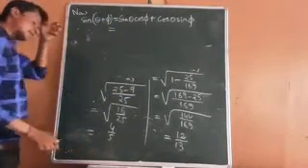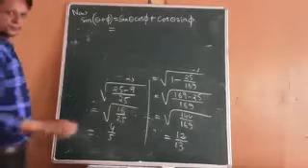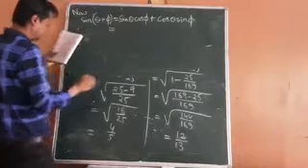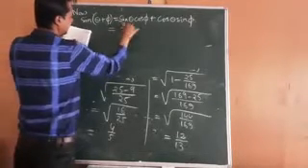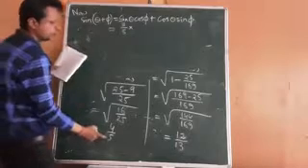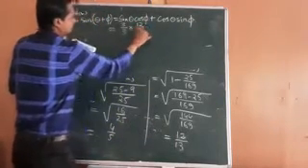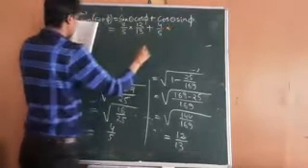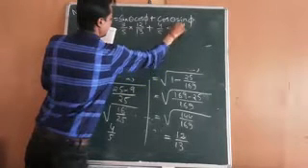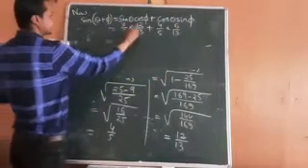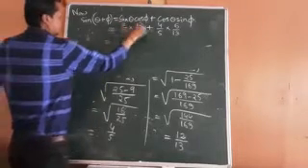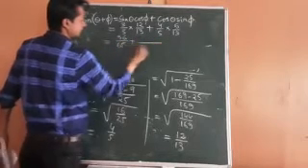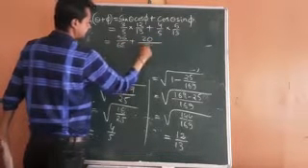So what is the value of sin theta? 3 by 5 into cos phi. What do we know cos phi? 12 by 13, plus cos theta is 4 by 5 into sin phi, 5 by 13. 3 into 12 is 36 by 5 into 13, 65, plus 4 into 5 is 20, by 65.